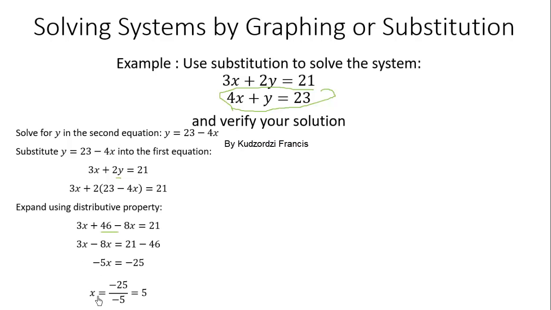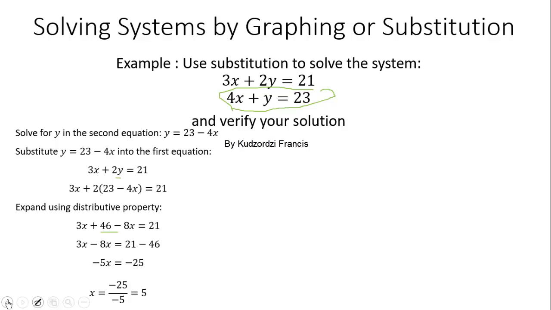Now that we know the value of x to be equal to 5, we need to calculate for the value of y. So we can decide to substitute the value of x into either of these equations, but it will be faster or quicker to use the equation in which we already solved for y.